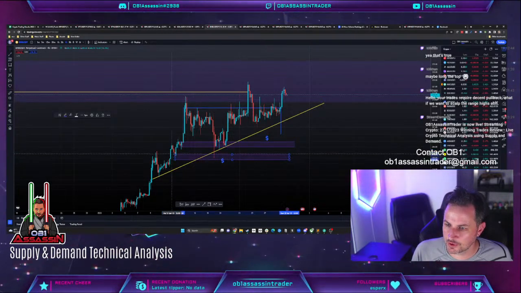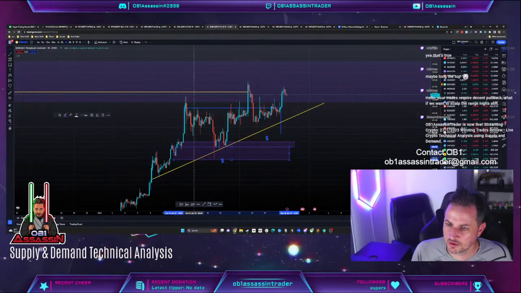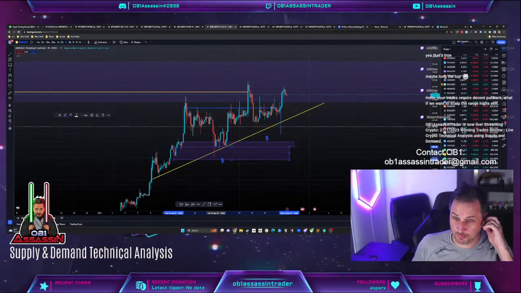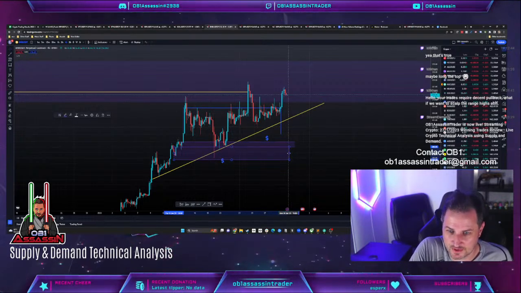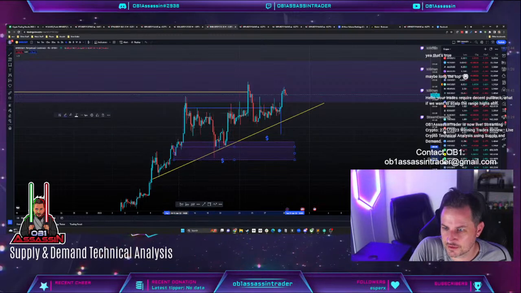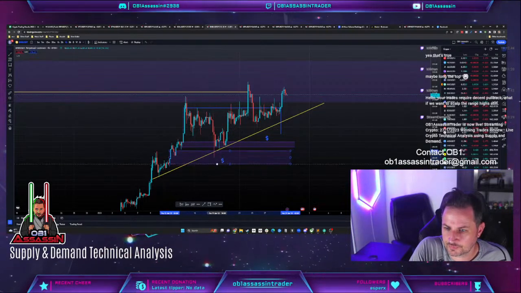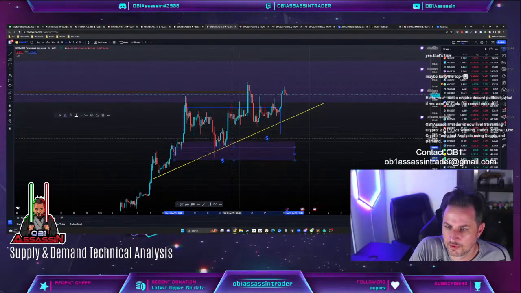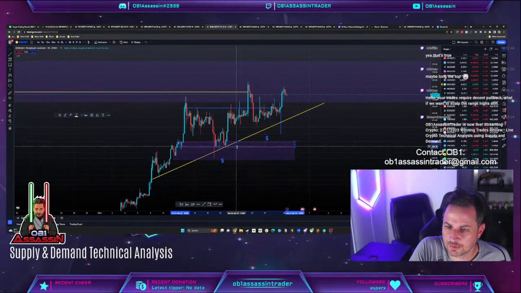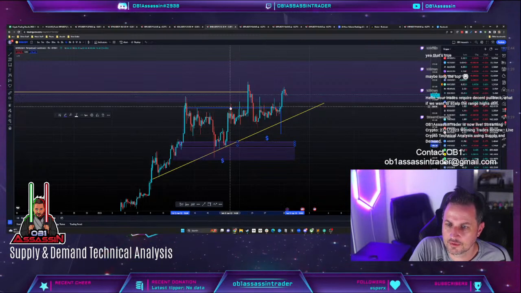This massive order block here has been jumped into with a lot of energy too, which was fantastic. And that mitigated a fair few of these stops over here. Big order block there that pushed everything up, right there.